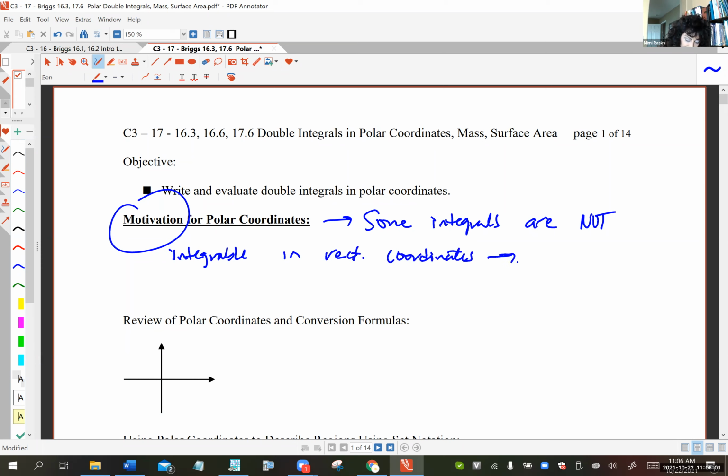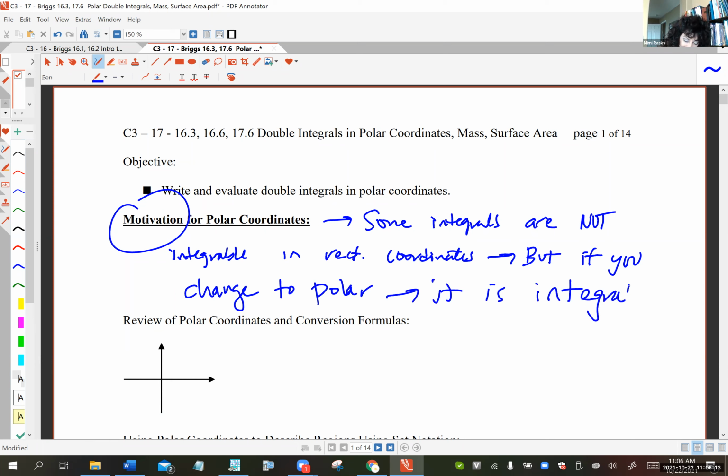But if you change to polar coordinates, you basically convert everything. It is integrable. Yay, success. And then everybody's happy. So there's your motivation.